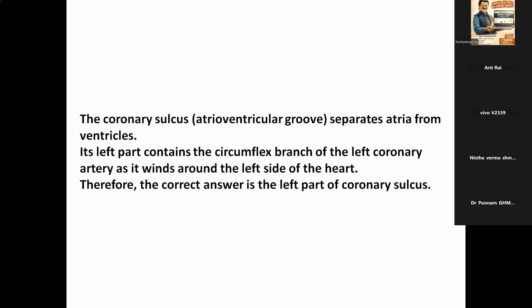Correct. The coronary sulcus, that is the atrioventricular groove, separates the atria from the ventricles. Its left part contains the circumflex branch of the left coronary artery as it winds around the left side of the heart. Therefore, the correct answer is the left part of the coronary sulcus.